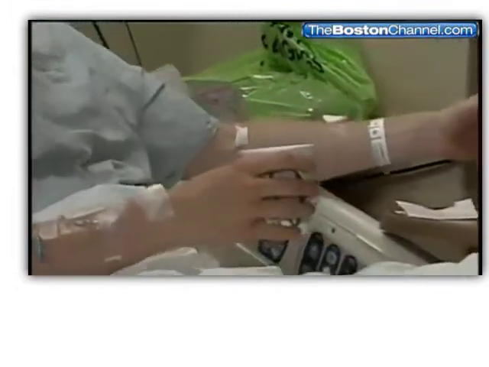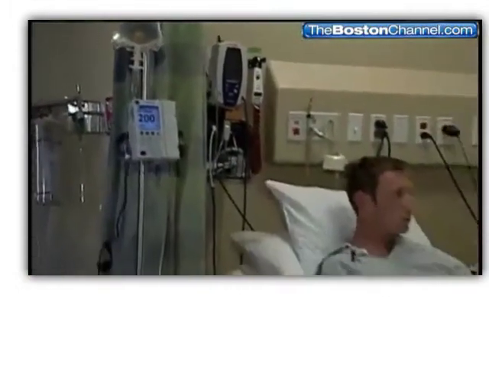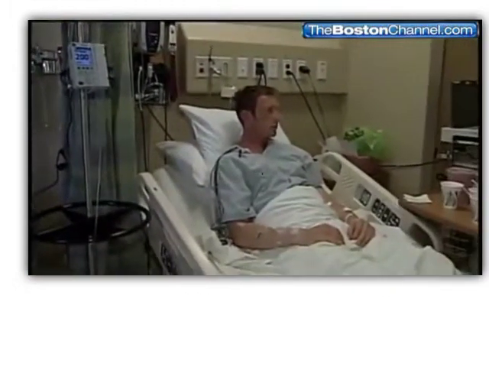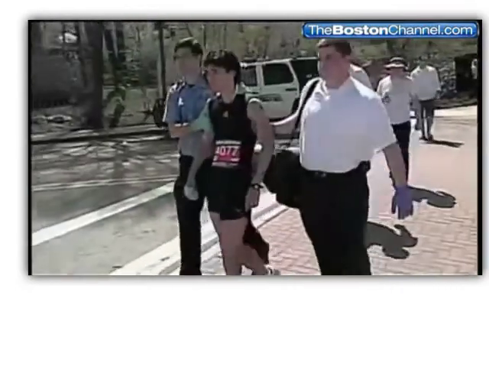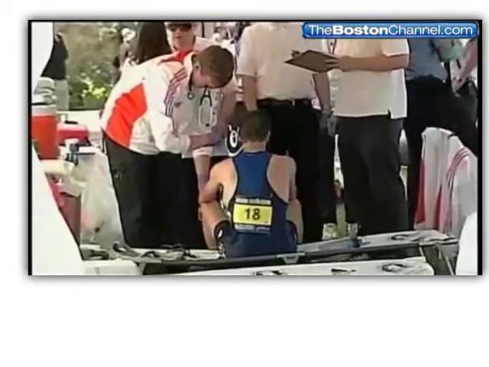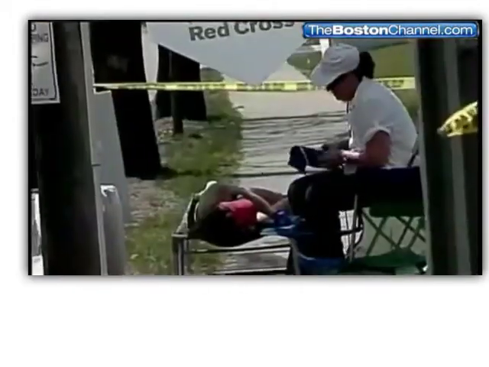But the heat did almost kill this fit 29-year-old. He passed out at mile 14, had a body temperature of 105, and suffered heat stroke. He was one of 2,800 runners needing medical treatment yesterday. 9 are still in critical condition, a fact that the chief medical officer at Newton Wellesley finds concerning.